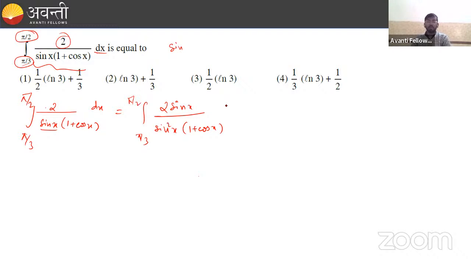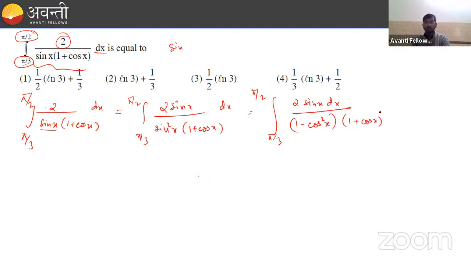Now this has become pi by 3 to pi by 2, 2 sine x dx upon sine square x. I can write sine square x as 1 minus cos square x, and this will become 1 plus cos x dx, right?